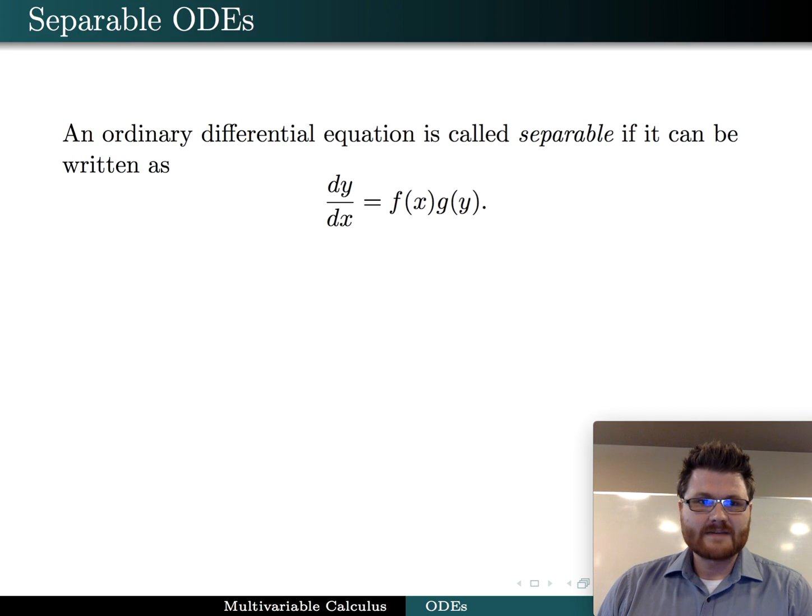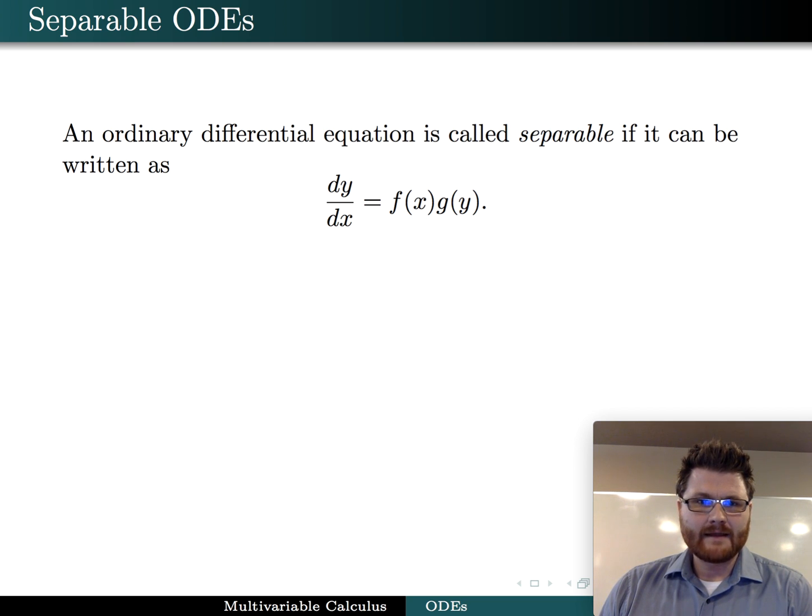So the first type of ordinary differential equation we're going to look at is the separable type. An ODE is separable if we can write it in this form. That is, the derivative of our unknown function can be written as the product of two functions, one which is strictly a function of our independent variable and another function of y.